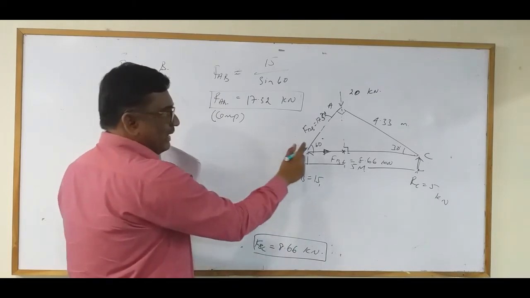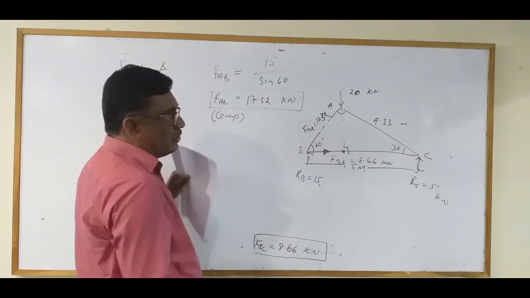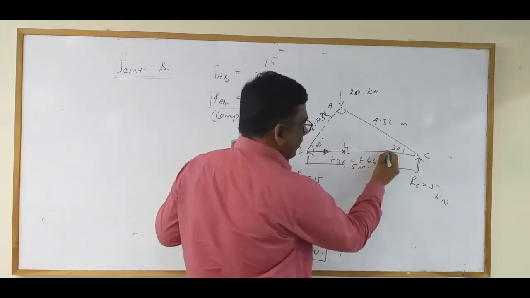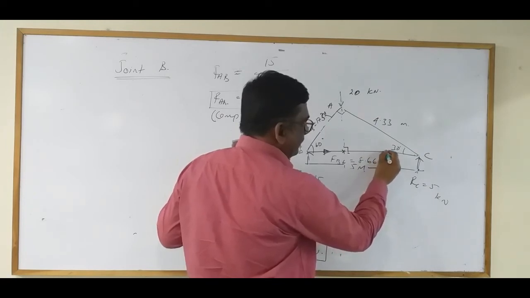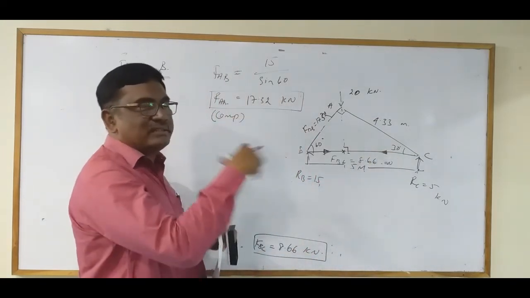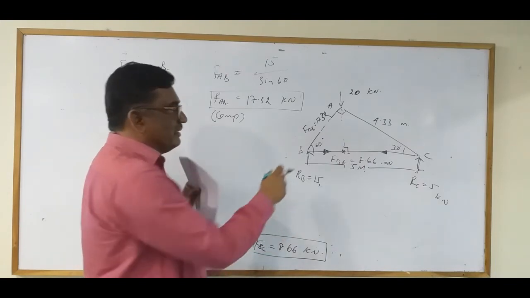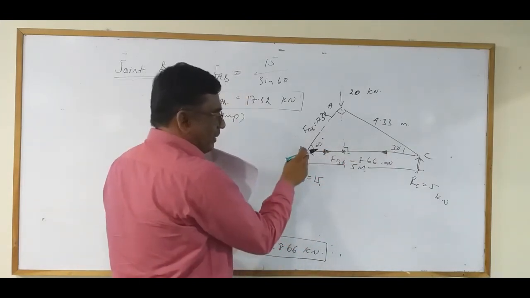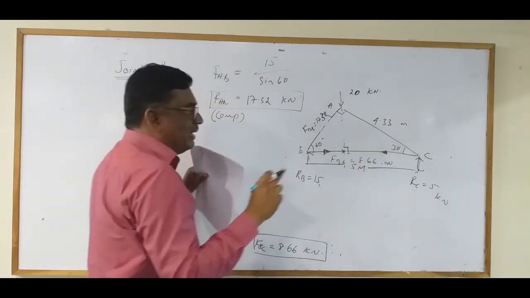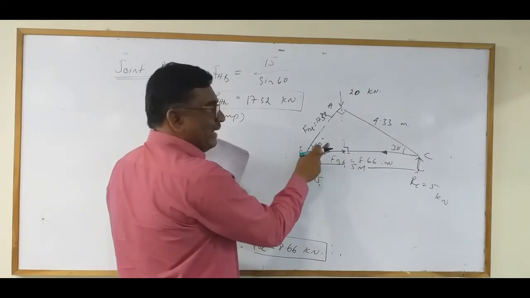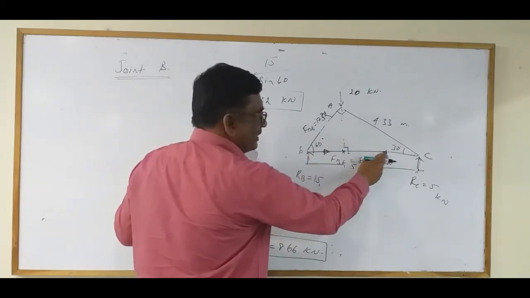That is what we have calculated from this joint. So mark the same thing in the opposite direction on the other side. From this point to this point it is a single member. So when it is having direction here like this, then it is to be reversed here.